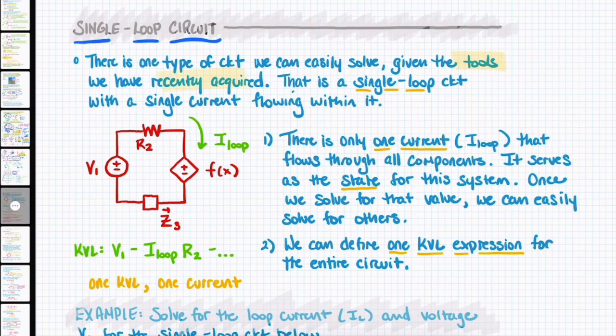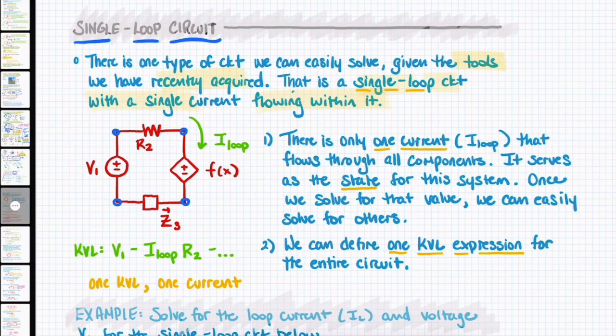A single loop circuit is one with a single current flowing within it, right? Whenever you have a single loop, that means that all of the elements are going to be in series with one another. V1 is in series with R2, R2 is in series with Fx, Fx is in series with Z3.